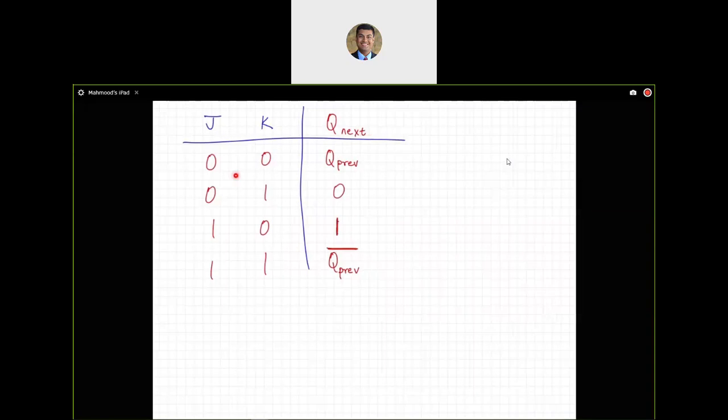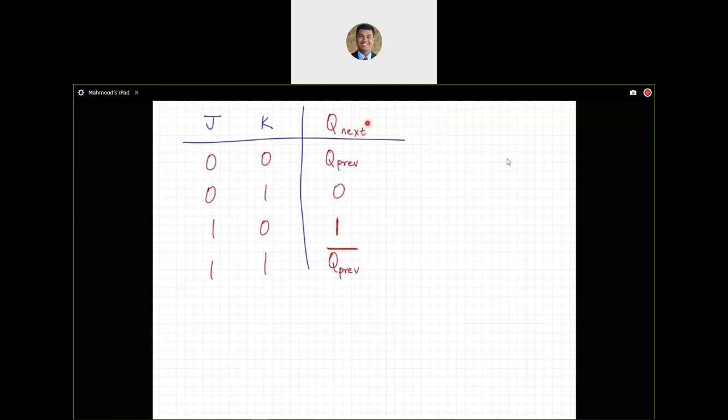So when J and K are both 0, as you can see here, we are denoting the output. We don't have a column for Q next complement, because that is just going to be the complement of that column. I'm just observing the Q next.